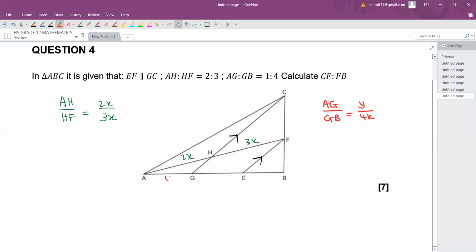AG is y over GB, which is 4y. They want to know what is CB, or CF over FB. So basically, they want you to work in this green triangle at the end of the day.